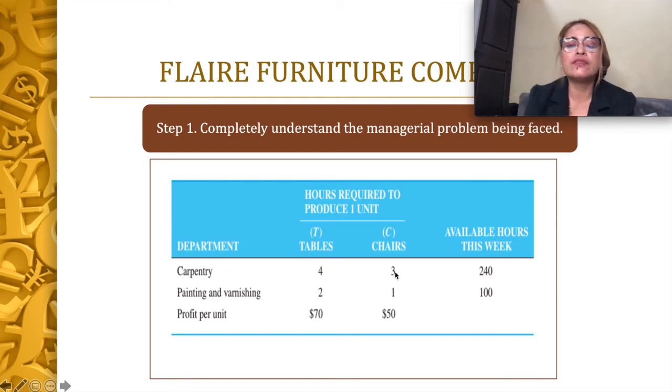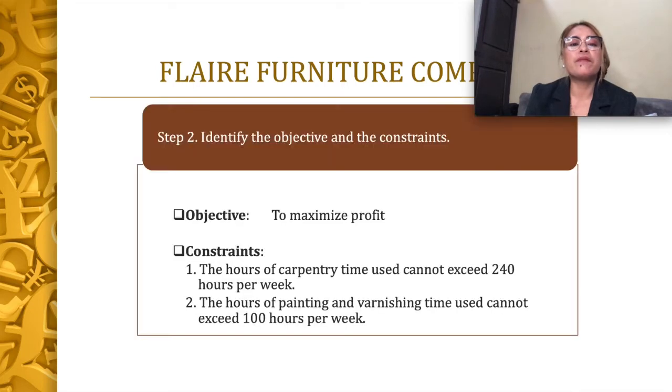And here, each chair produced takes 3 hours in the carpentry department. And the total available hours for this week for the carpentry is 240. And for painting and varnishing, that's 100 available hours for this week. Okay. Second step is to identify the objective and the constraints.